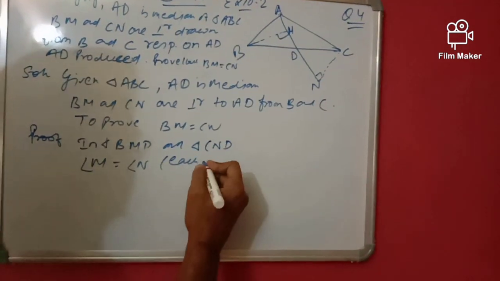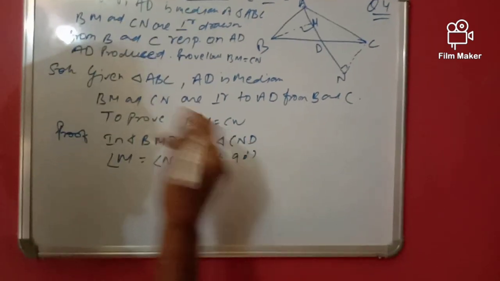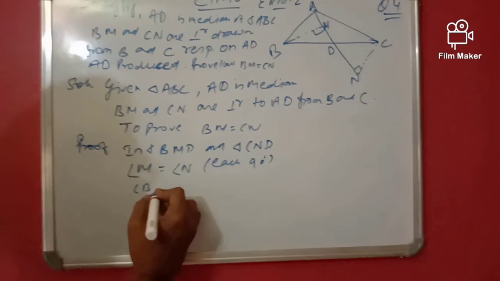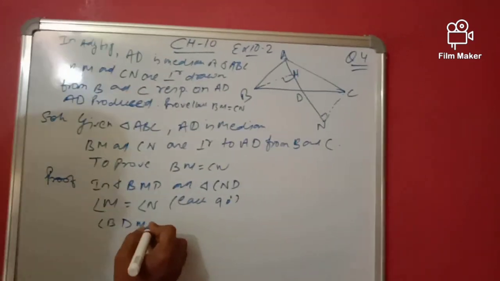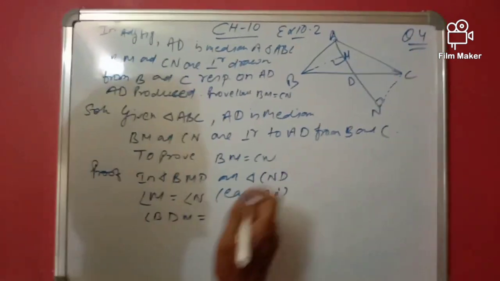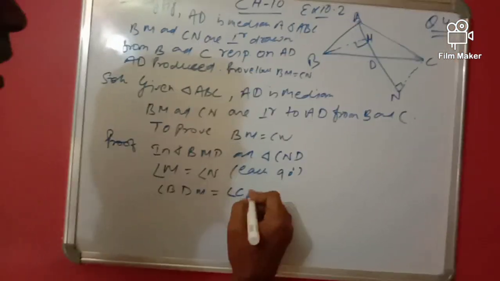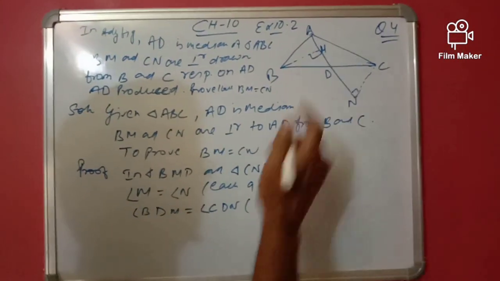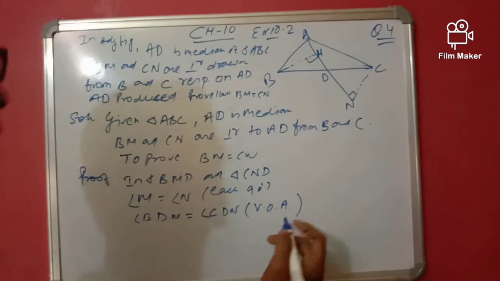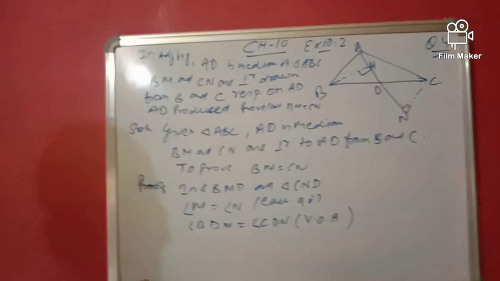Now write down angle BDM equal to angle CDN. Vertically opposite angles are equal.